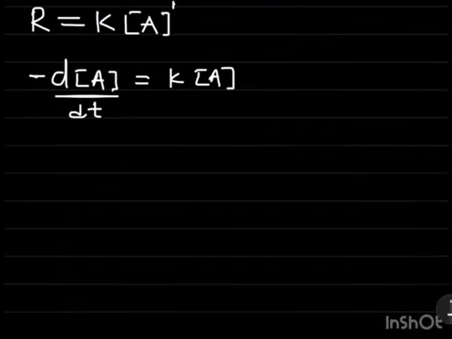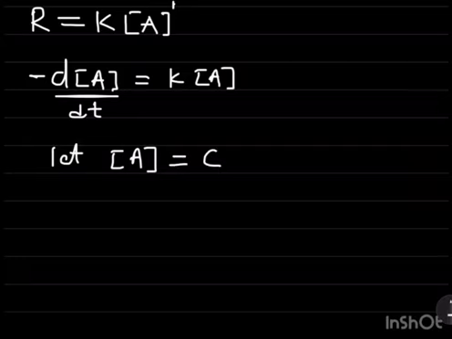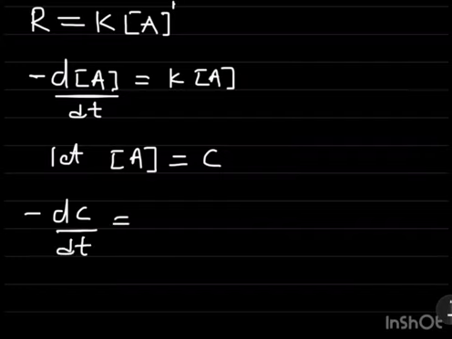Let the concentration of A equal C. Therefore we have minus dC/dt equals kC.